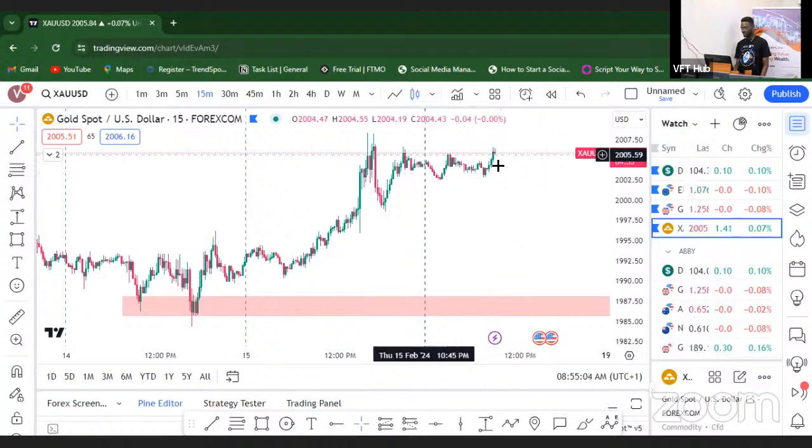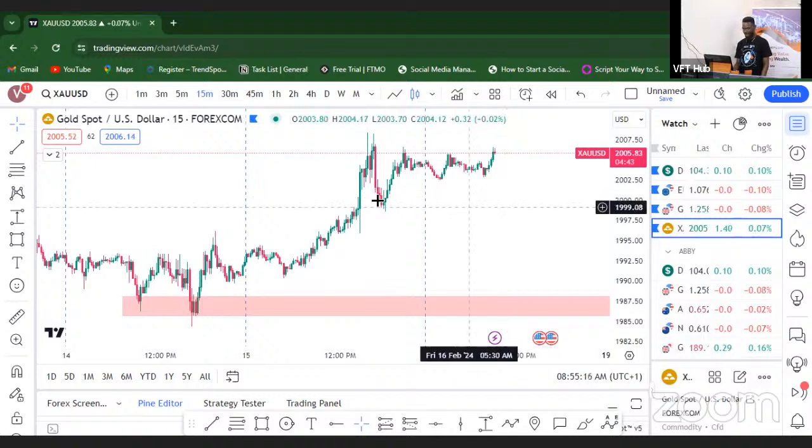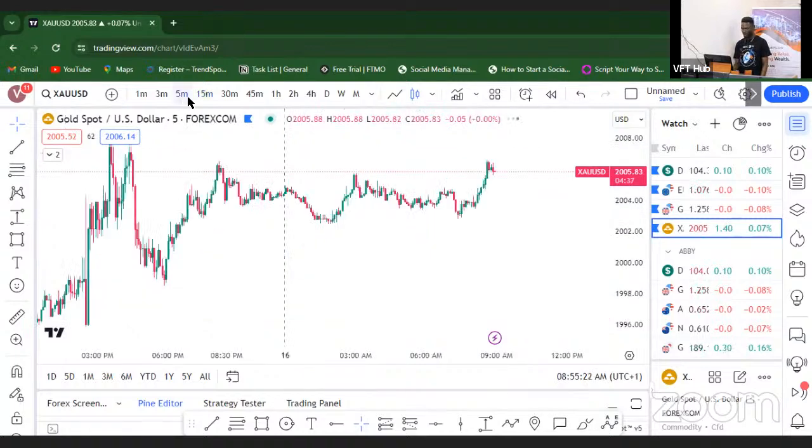So inside this range is what you may call a nobody-knows-how zone, meaning if anything breaks out either to the upside or to the downside, make sure you are not on the wrong side. Better you see it from the lower time frame again to see if there is any clear move.